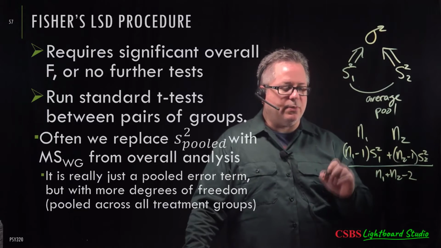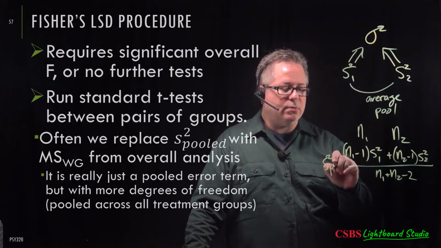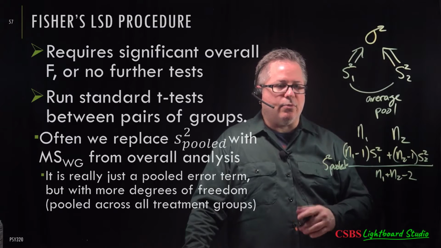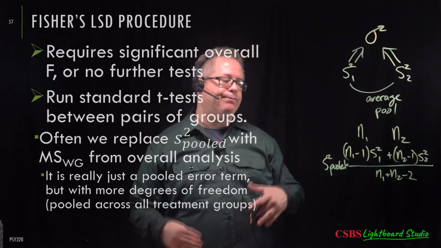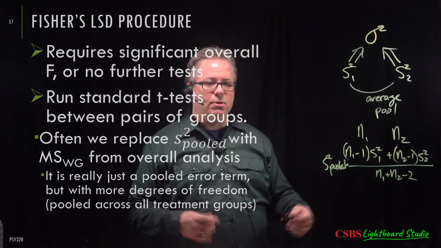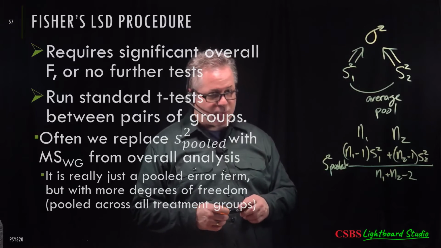So we got this whole thing. We call this S squared pooled. That was our pooled variance. Awesome. We had two groups. We did that. It made sense. At least I hope it does.